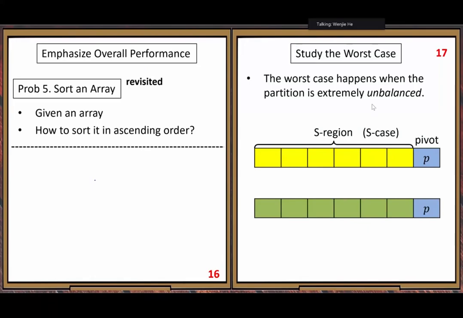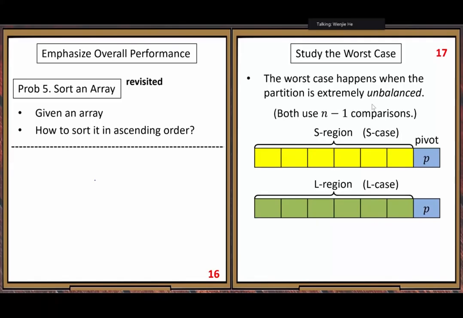Another case, other than P, all the elements belong to the L region, in green color. So these are two possible worst cases for each partition step.